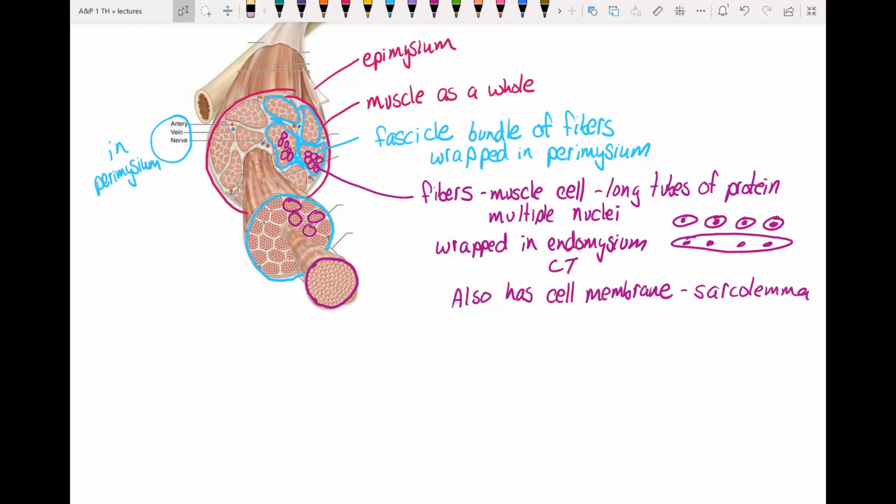Now, within the fibers, you can see there's more tubes. We can keep going with this whole tubes inside of tubes idea. So see, there's all these little dots here inside the fiber. These little dots in the fiber are the myofilaments.